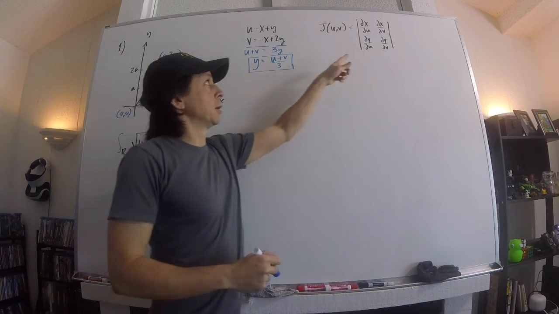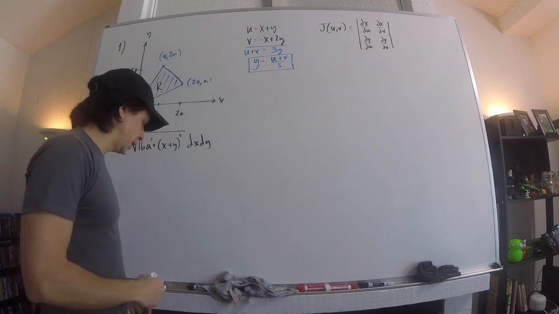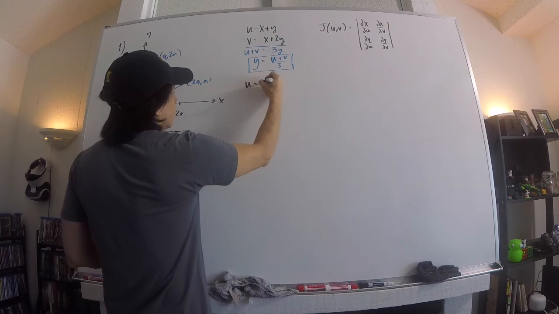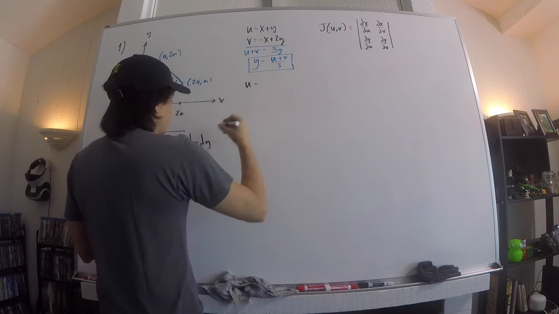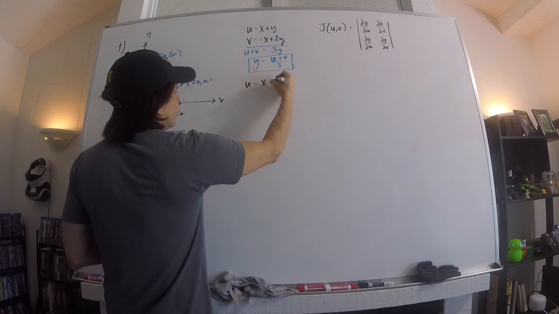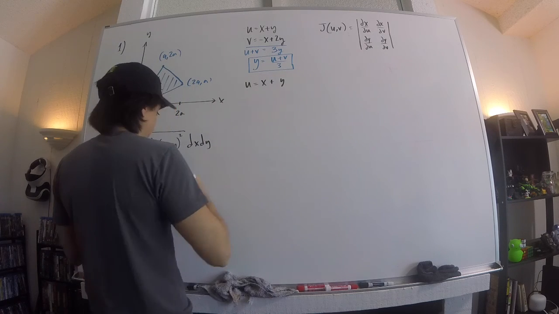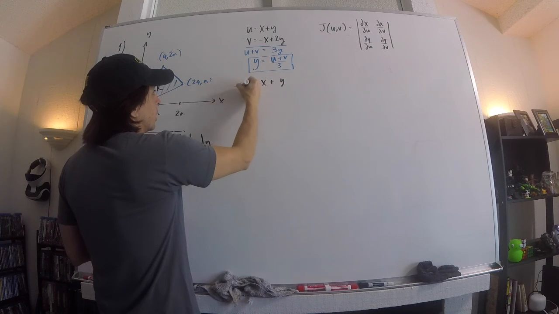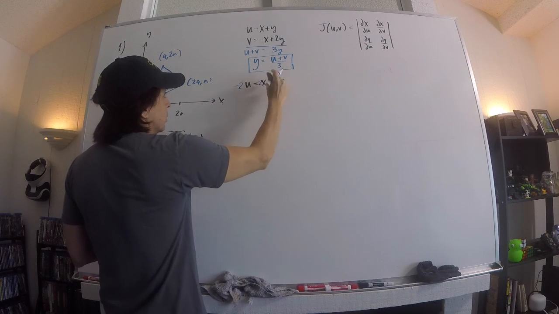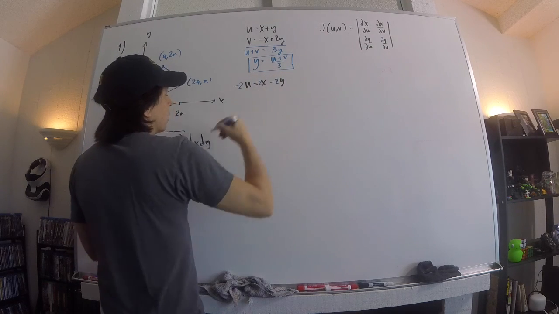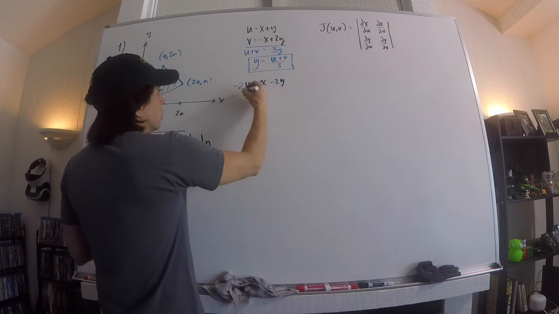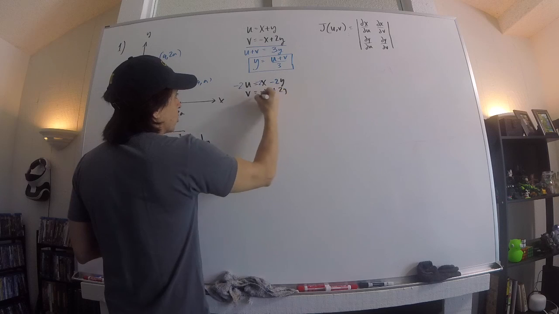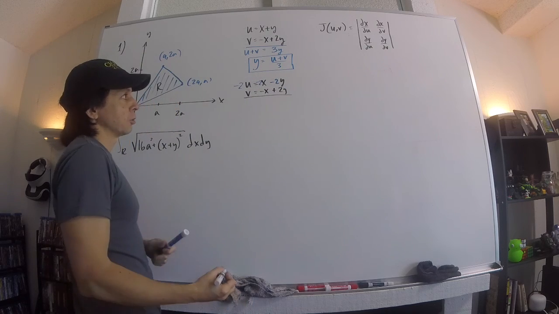And I'll be able to get my dy du and dy dv from that, but I need to also go back to these originals and multiply that one by 2. I'm going to multiply that first equation by negative 2, so that my y's will cancel, and I'll just get x's in terms of u and v.